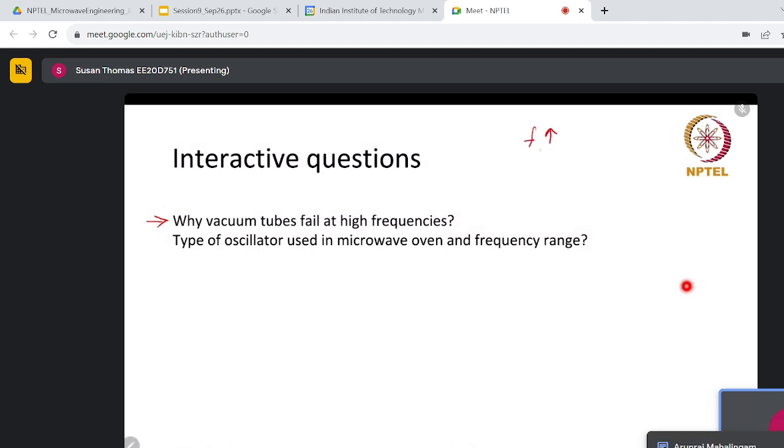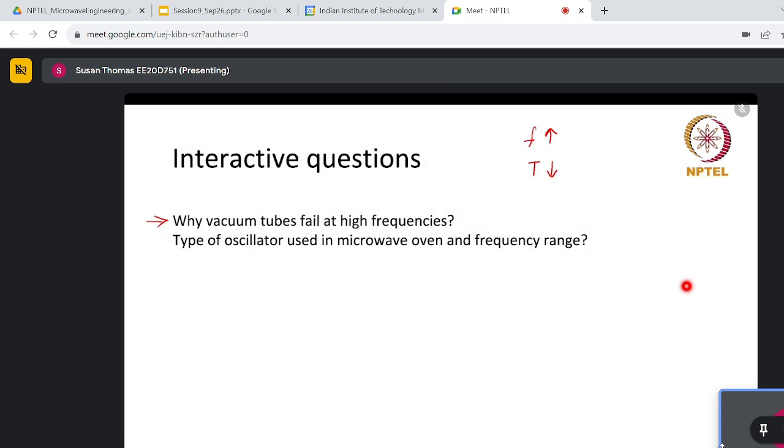Whenever you have a high frequency signal, the time period of that signal is small. One very important fact to understand here is that in vacuum tubes, the lead inductance and also the interelectrode capacitance become dominant as the frequency increases.